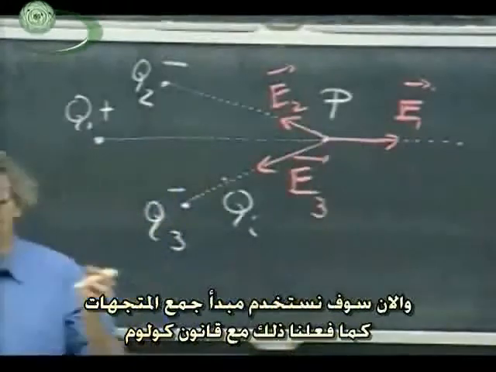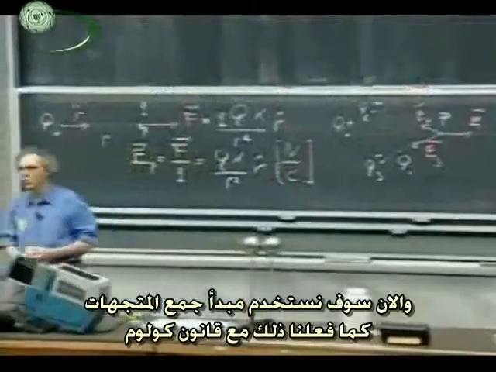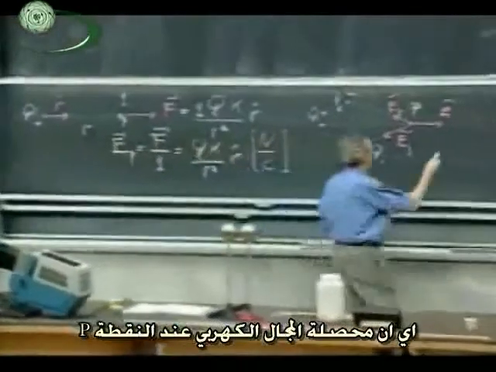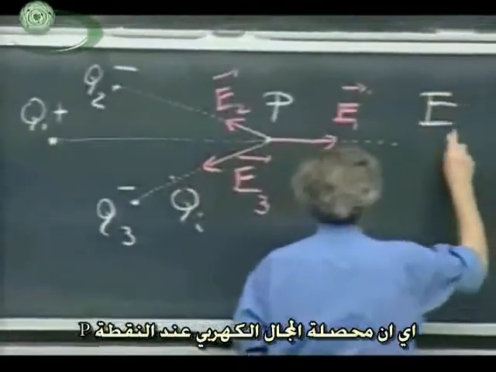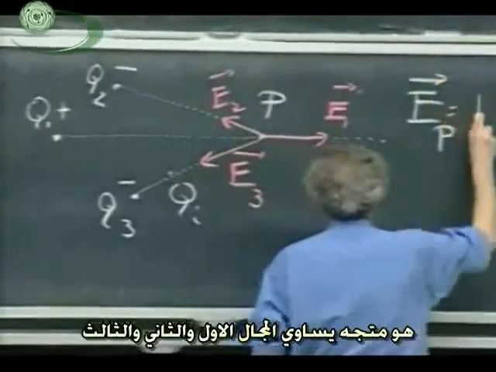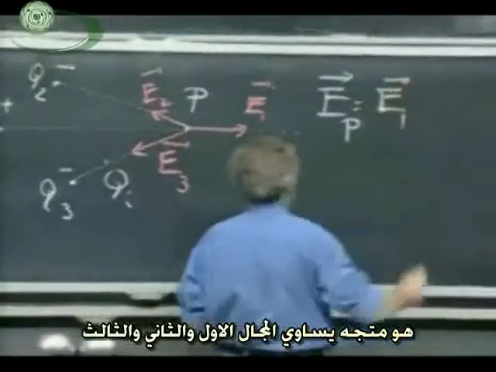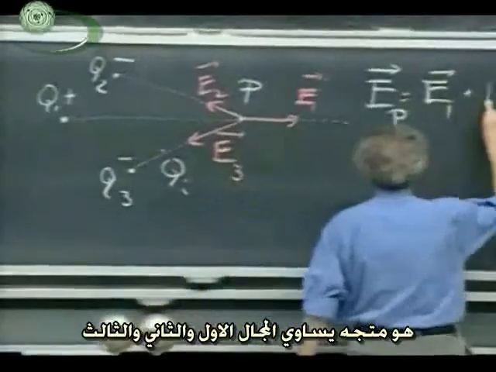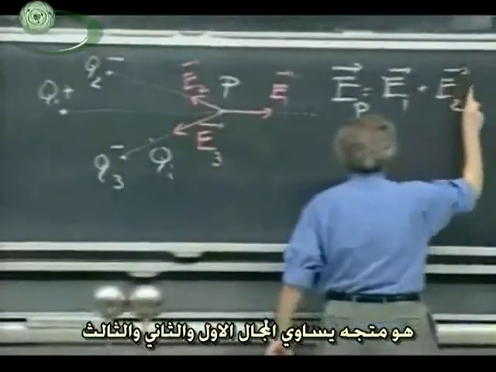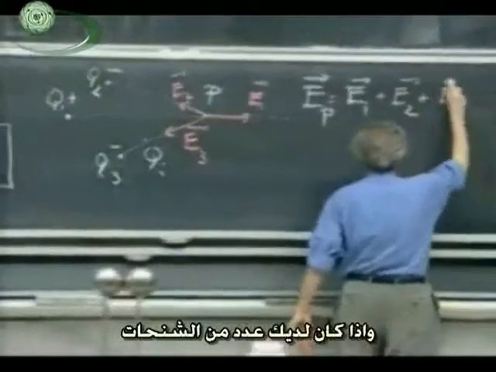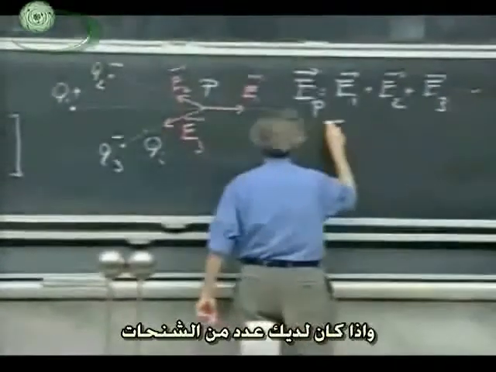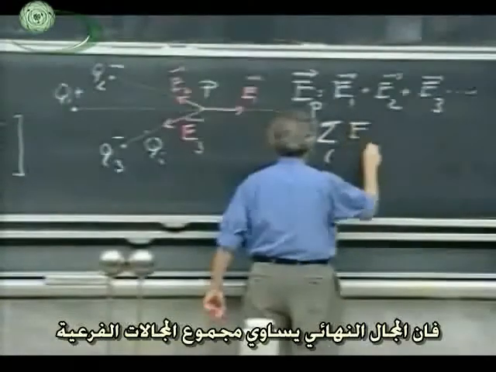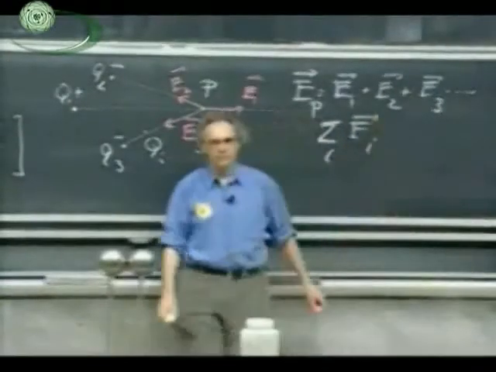And now we use the superposition principle, as we did last time with Coulomb's law, that the net electric field at point P, it's a vector, is E1, influence of charge Q1, plus the vector E2, plus E3, and so on. And if you have i charges, it is the sum over all i charges of the individual E vectors.